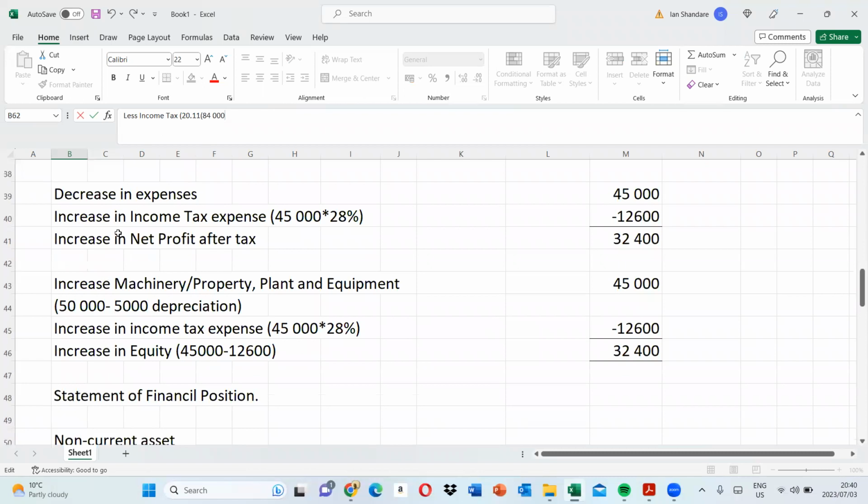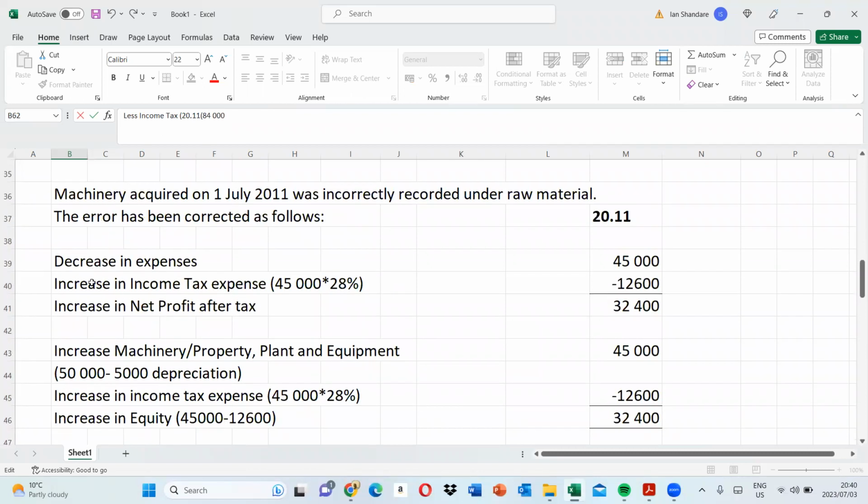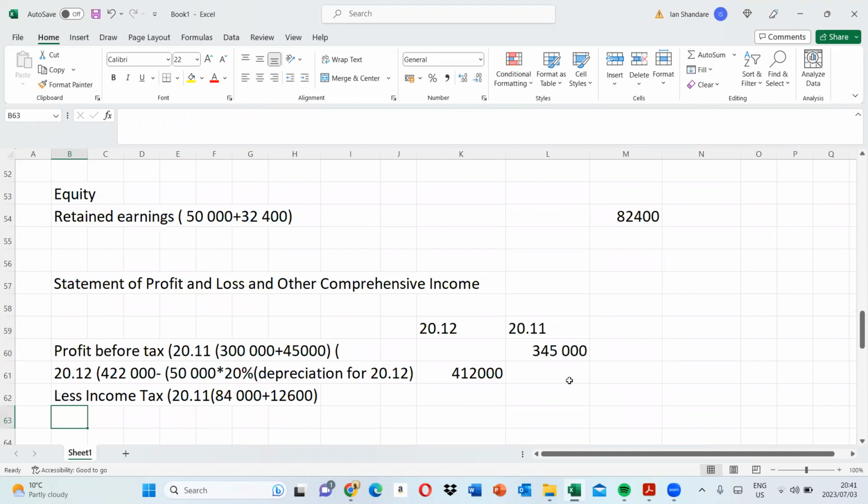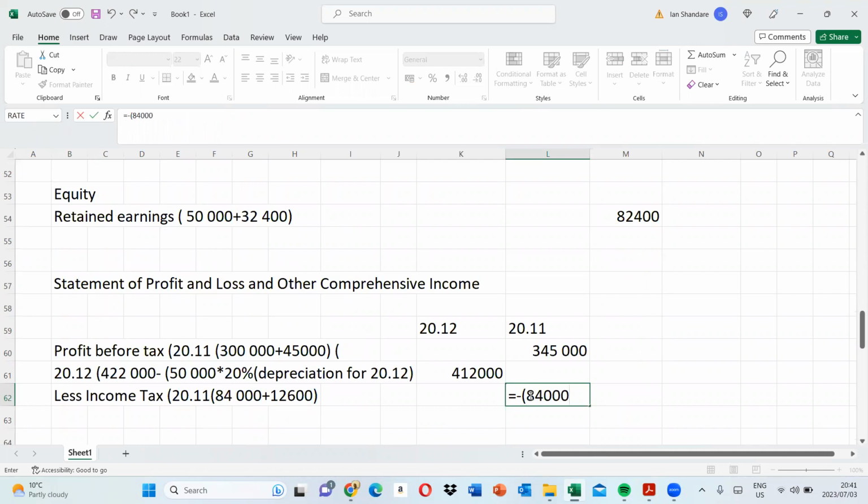You go to your note. Can you see on your note there's an increase in income tax of 12,600, which means you have to add 12,600. So you have 84,000 plus 12,600, and your net income tax has now gone up to 96,600.